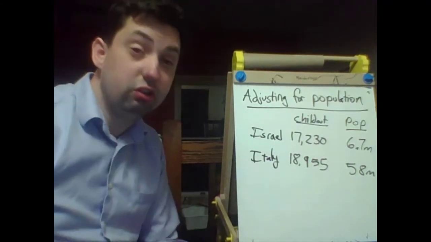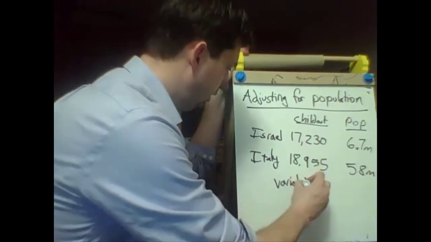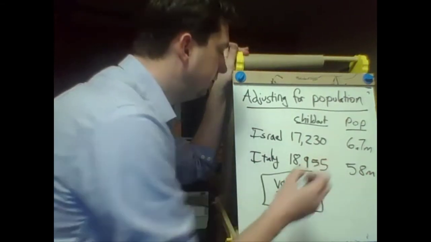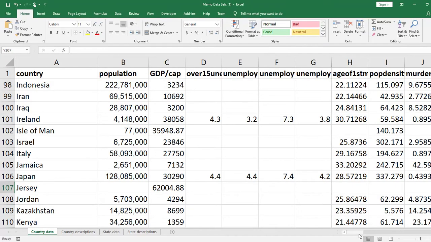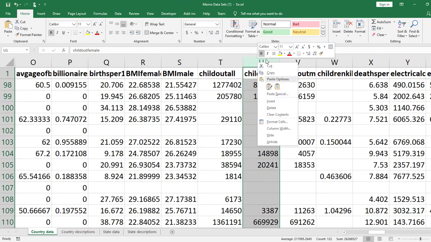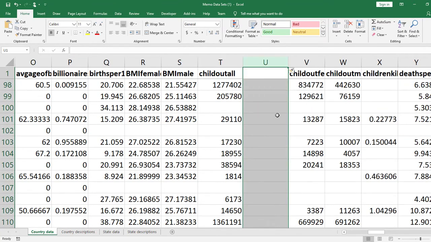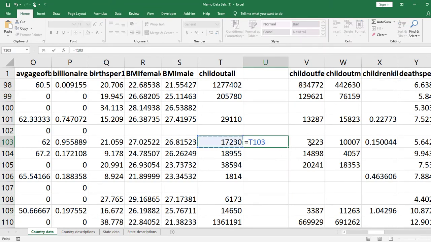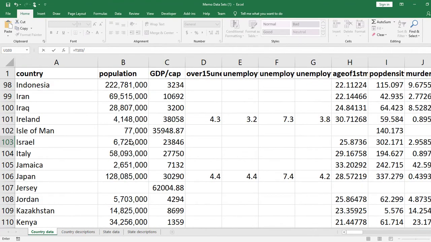To adjust for population, it's a simple process. It is the variable divided by the population. We can do this easily here in Excel. So here's child out all, here's our variable. Let's scroll, I'll keep it here. Here's Israel. I'm going to take it equal this value divided by their population.